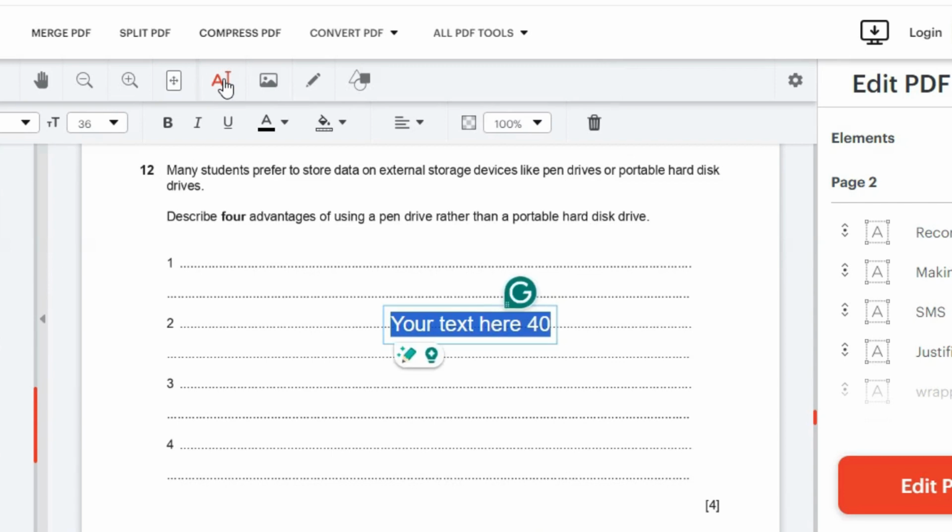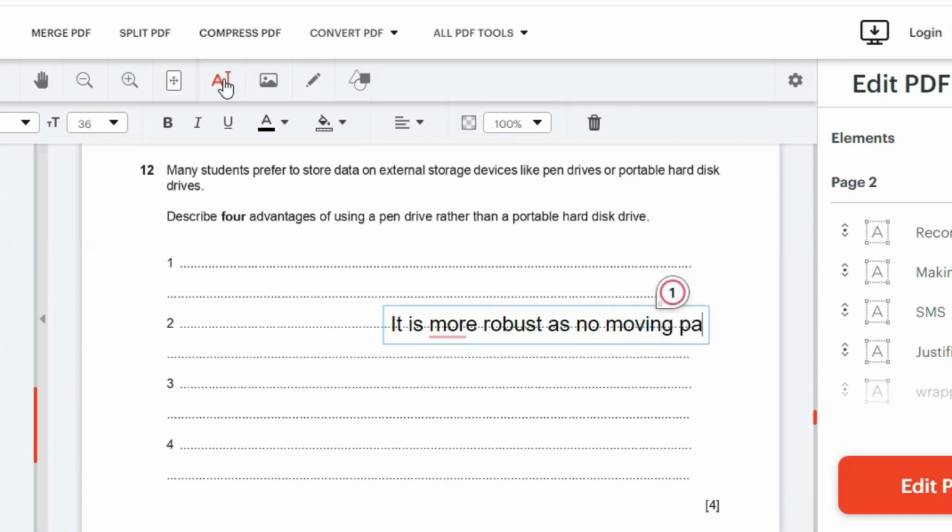It is more robust, it has no moving parts. When you use a pen drive, it doesn't have any moving parts, so it looks more robust.